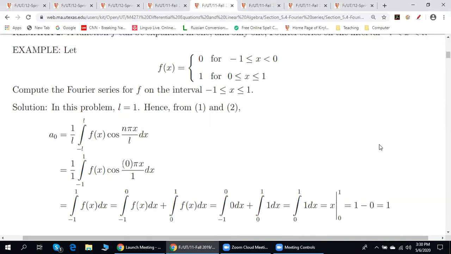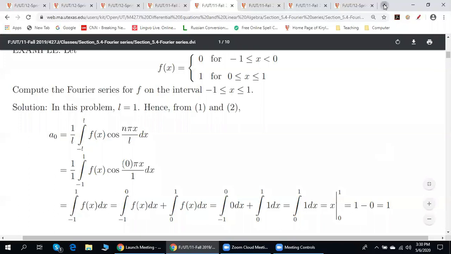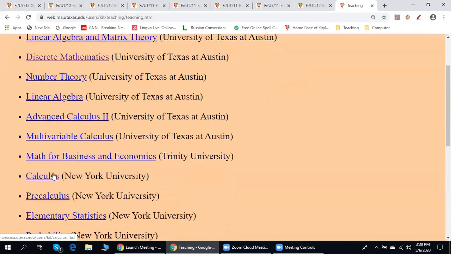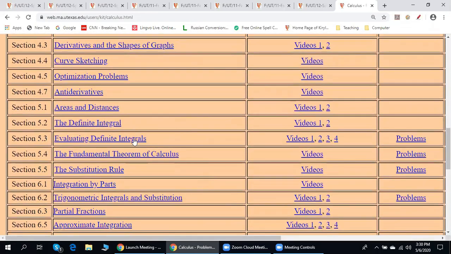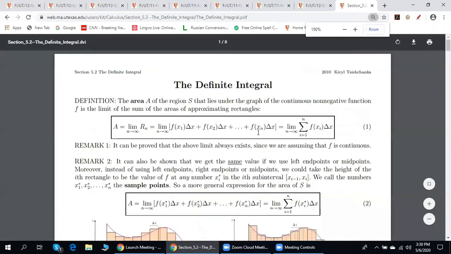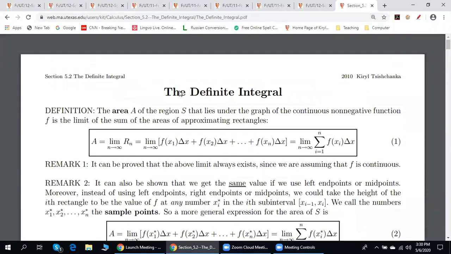Thought you couldn't take an integral if it's a discontinuous function. No, we absolutely can. Please take a look at this. We click on calculus, and then we click on the definite integral. It's over here.